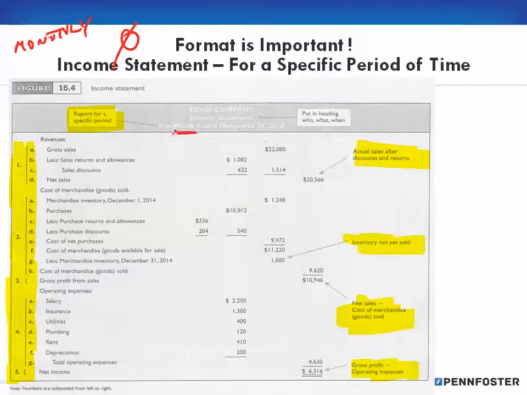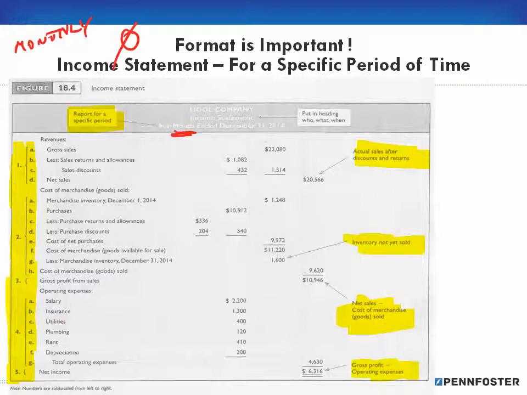Now notice it says month ended. Okay, so it's telling you what the accounting period is. If this was quarterly, meaning every 3 months, it would say for the quarter ending December 31st. Or if it was yearly, for the year ending December 31st. Okay? So that terminology lets the person know how long the accounting period is.